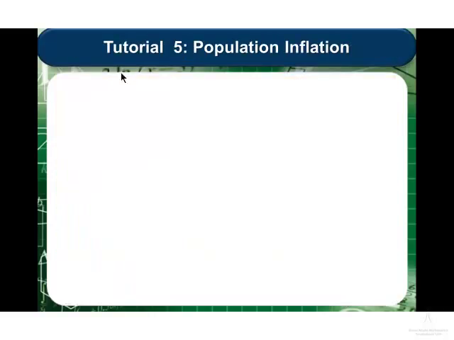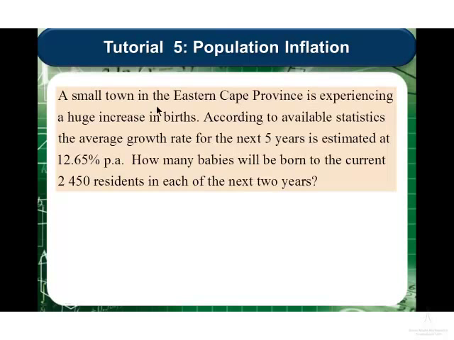In tutorial 5, we consider a problem on population inflation or population growth. A small town in the Eastern Cape province is experiencing a huge increase in births. According to the available statistics, the average growth rate for the next 5 years is estimated at 12.65% per annum.